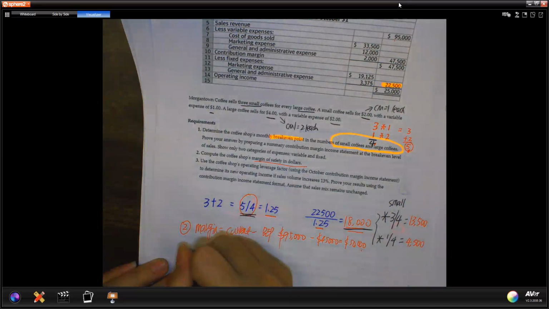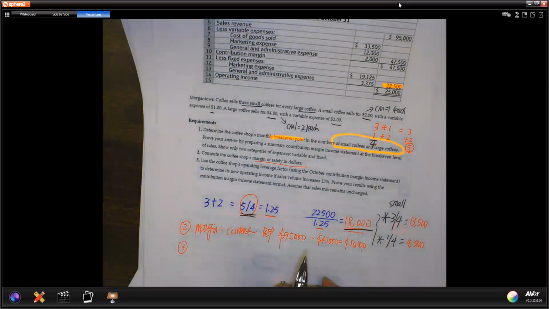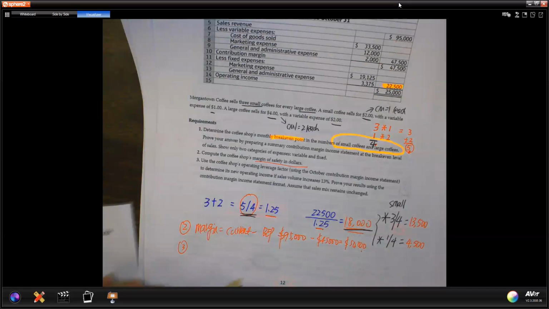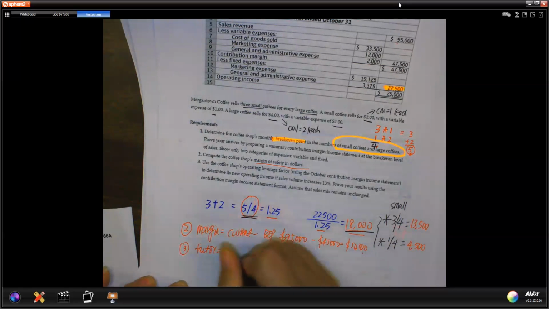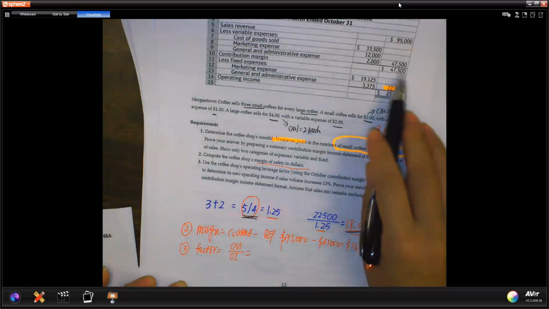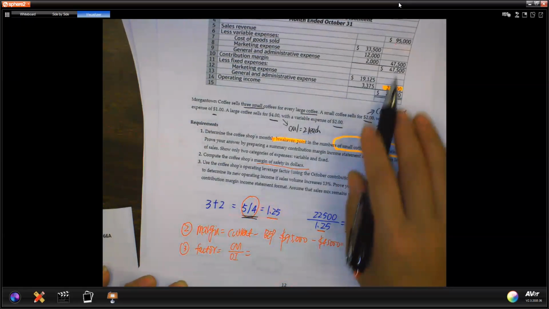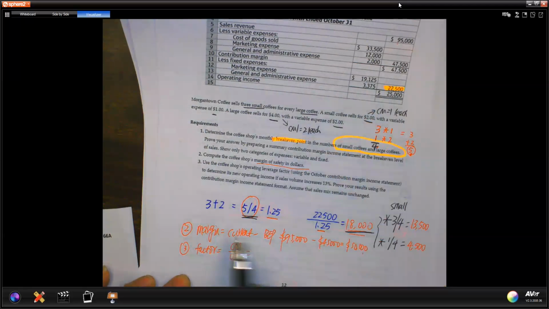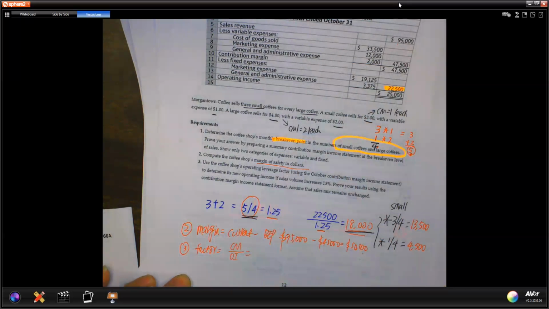The third one is talking about your operating leverage factor. We said the factor equals the contribution margin divided by your operating income. We use this income statement to get our factor. Make sure you know there are 2 points.